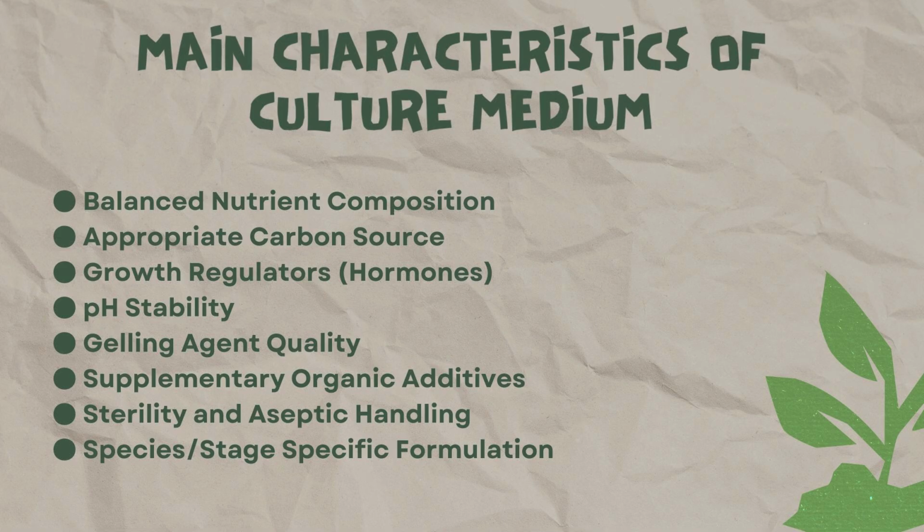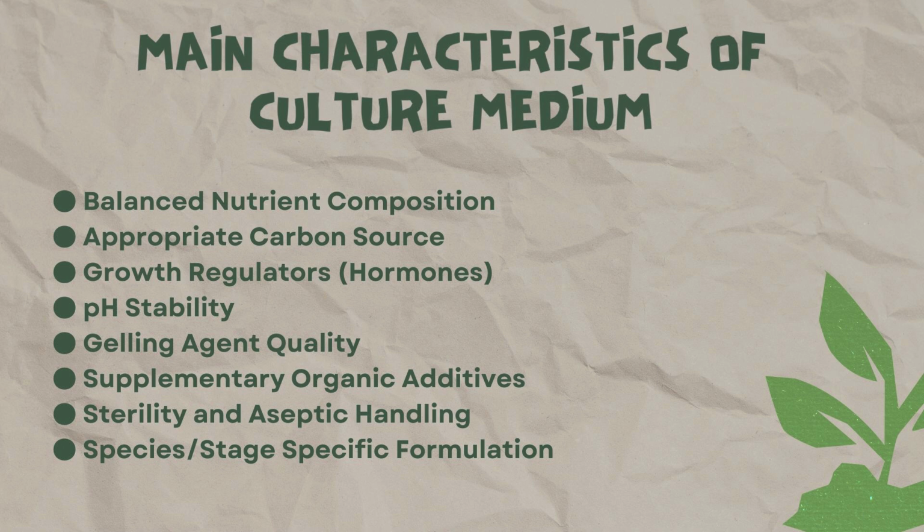Growth regulators, also called hormones: special compounds that decide if the plant makes roots, shoots or a bulk of cells called callus. pH stability: the acidity or alkalinity of the medium must stay just right. Gelling agent, often agar, for transforming the liquid medium into a supportive gel.